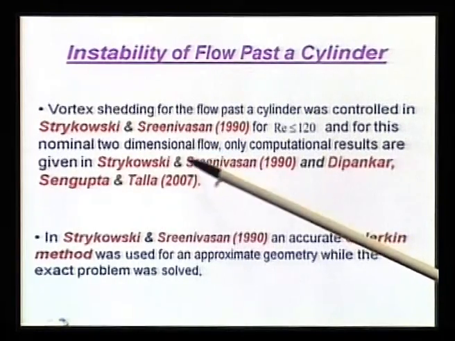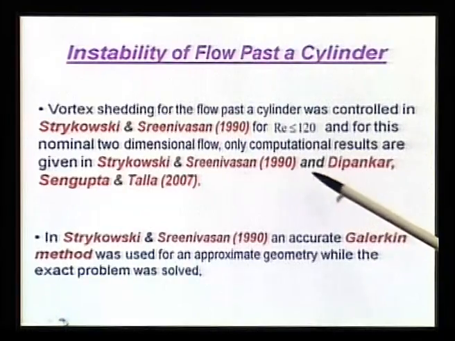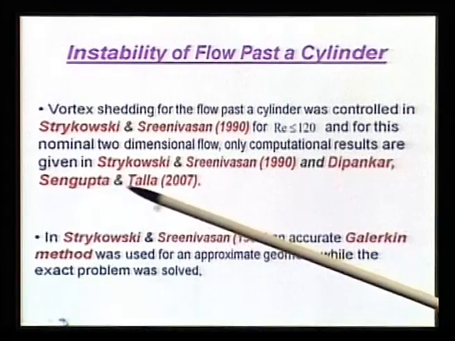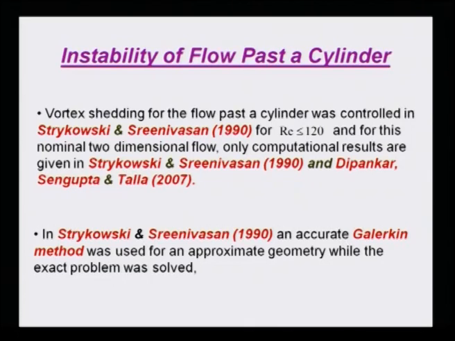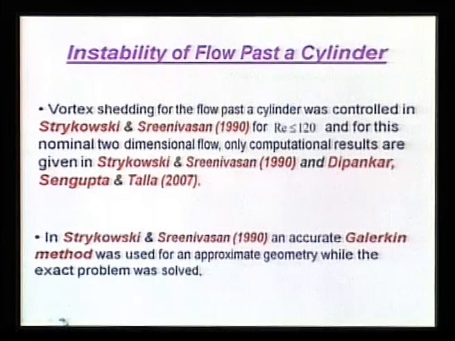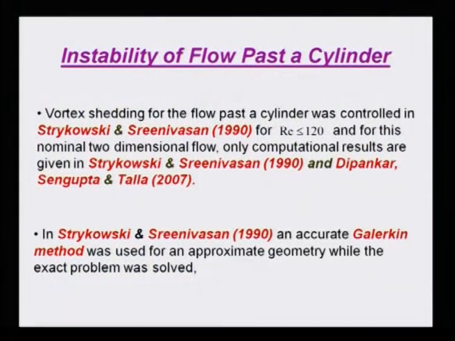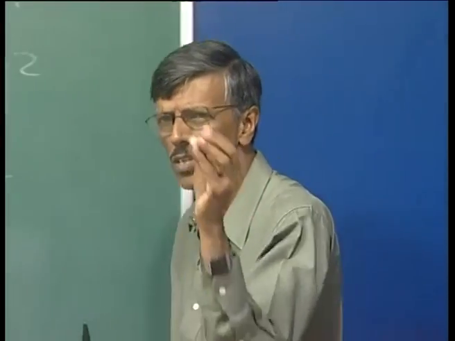There were some computational results produced here, but I suppose this was where the most recent and more reliable results reside. We computed this flow, including the actual geometry, unlike what was done in Strouhal and Srinivasan, where they had difficulty with grid generation and the method was less reliable in that sense: you did not simulate the control cylinder.